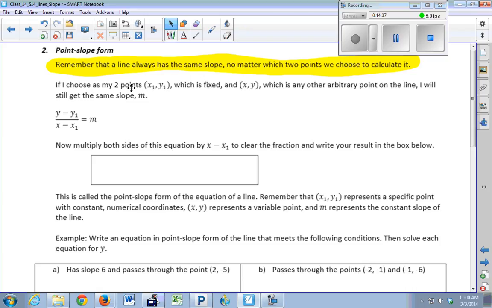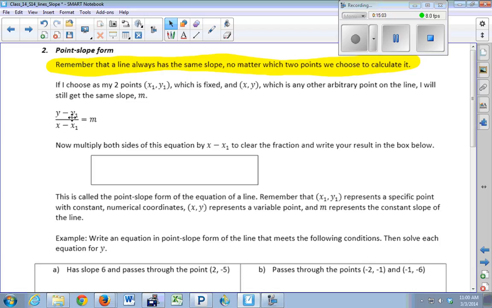So if I choose my 2 points on my line and I use one point that's fixed or specific, in other words, I know what the coordinates are, I'm going to call that x1, y1. And because I want to come up with an equation, I'm going to keep my other point as an arbitrary or generic point called x, y, not a specific point.